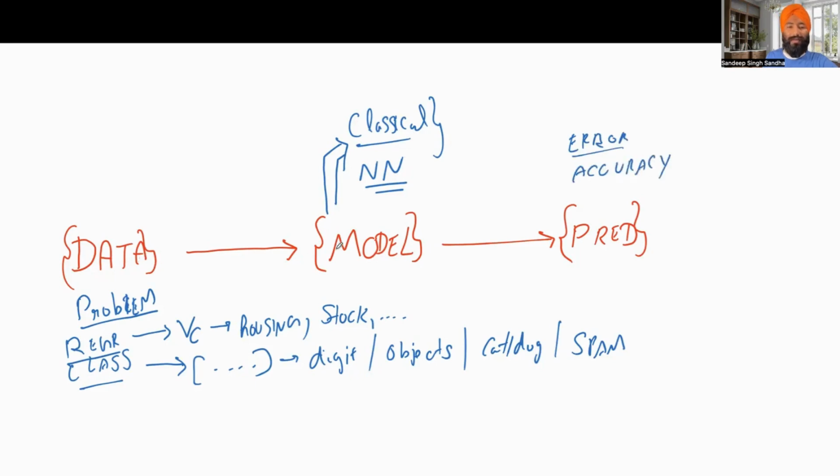We start with data, model, and prediction. In each of these steps, the data identifies the problem. Here we are talking about this set of problems, and we will advance into more complex sets, but it can be regression or classification. From the modeling side, we have different options available: classical models, neural networks. From the prediction side, we again have access to error and accuracy metrics.